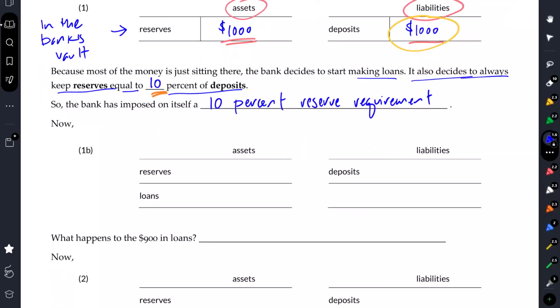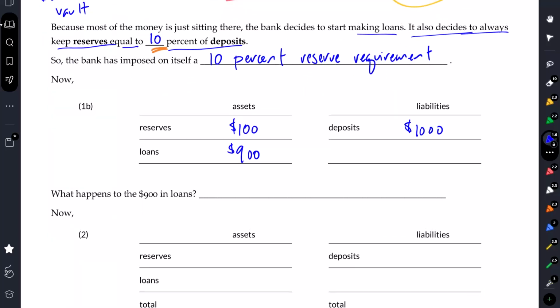Okay, so the bank has $1,000 in deposits. It has to keep 10% of that in reserve, so it has to keep $100 in the vault, let's say, and it can loan the rest. So it's going to loan $900.